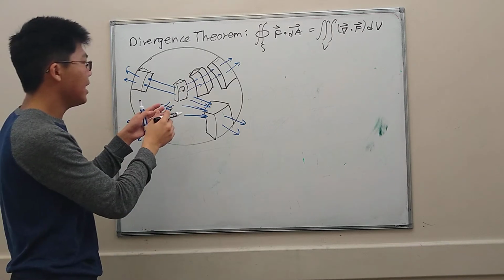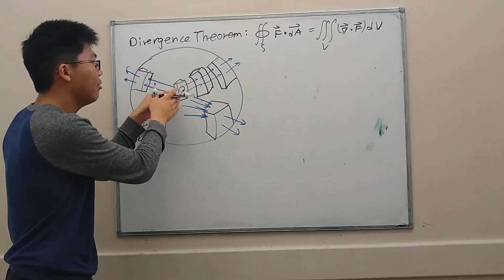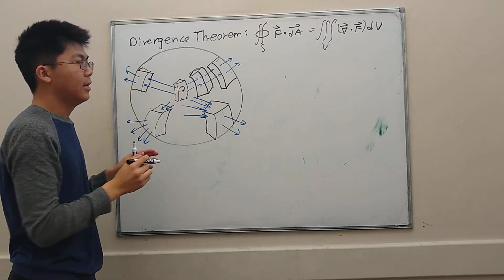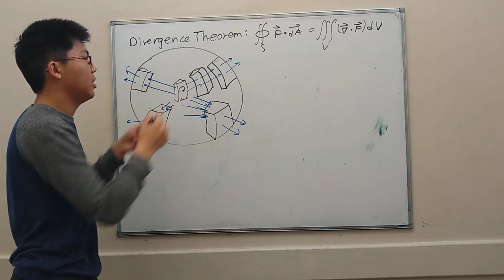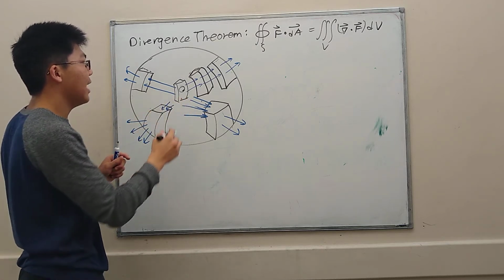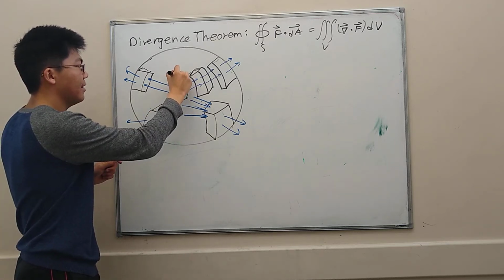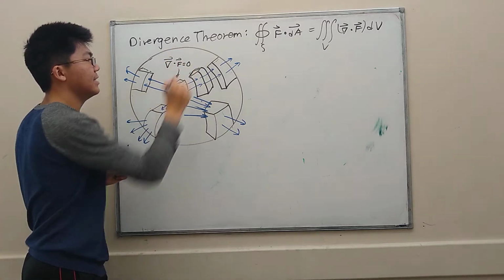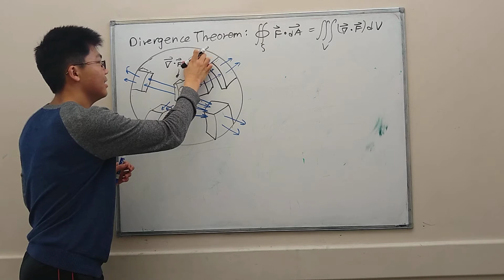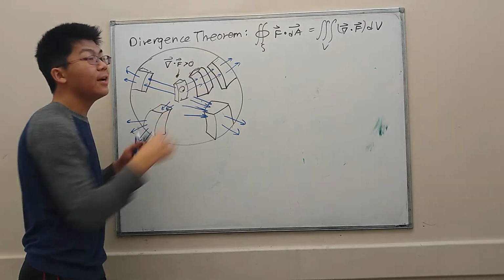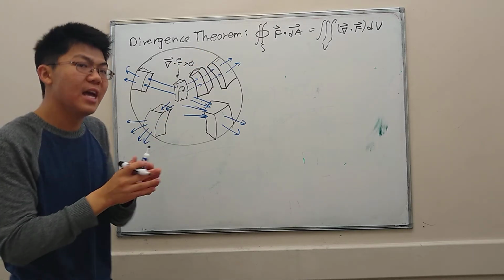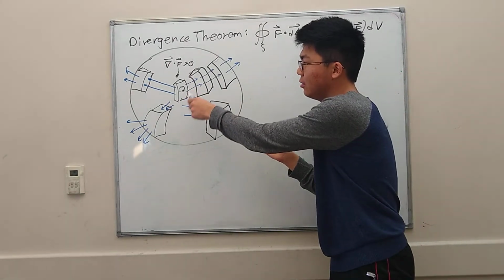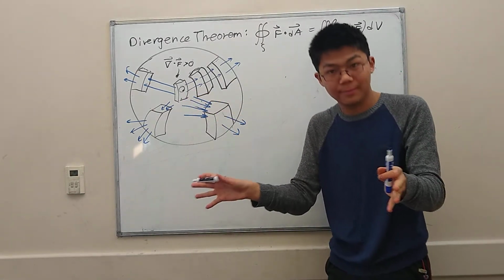So, in this case, there are only arrows pointing out of the little cube here. There are no arrows pointing into the cube. That means the divergence at this point is greater than 0. What the divergence tells us is that there's a net flow out of this little infinitesimal cube in the center.